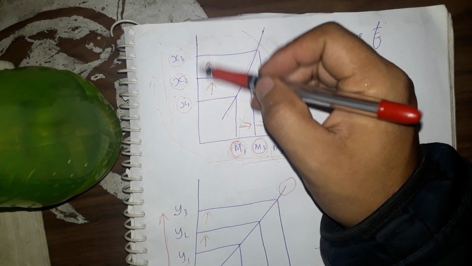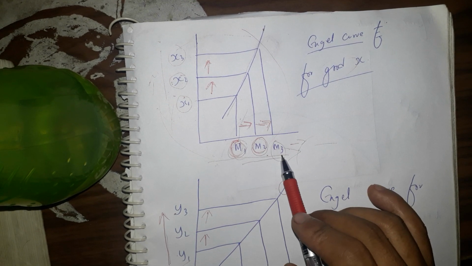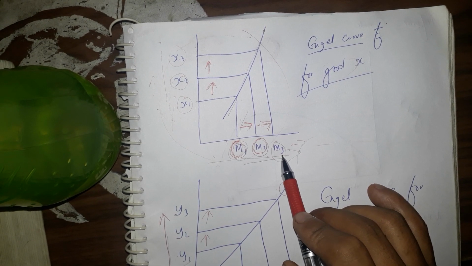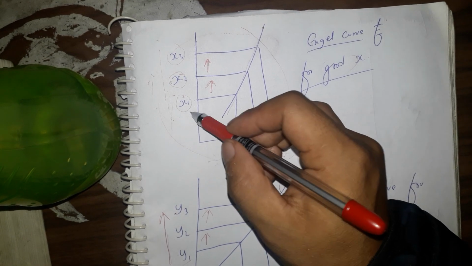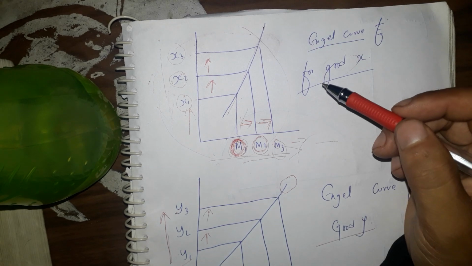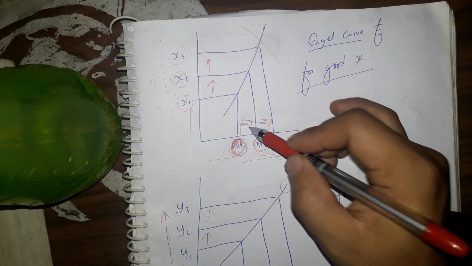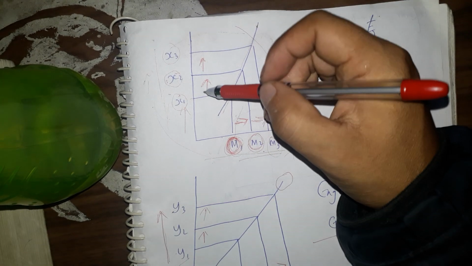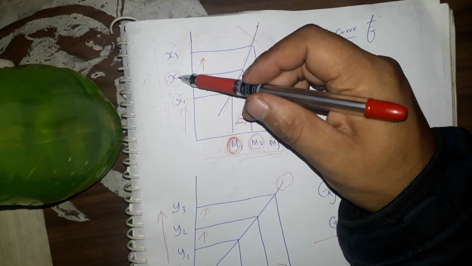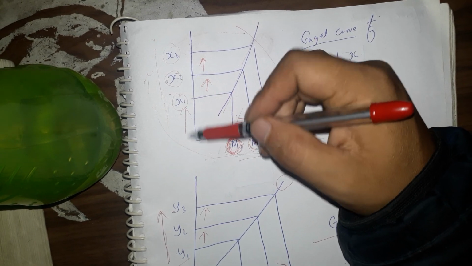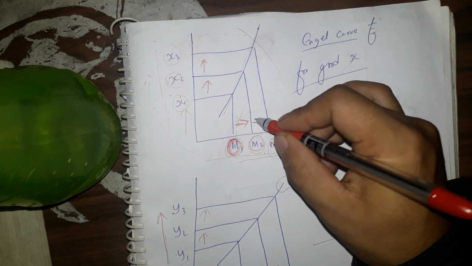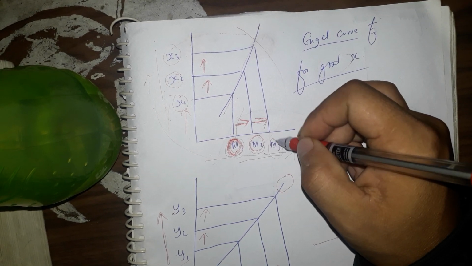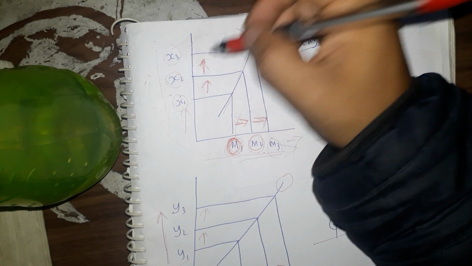On this axis we are measuring different quantities of good X, and on this axis different levels of income. Initially at income level M1, a consumer is consuming X1 unit of good X. As his income increases from M1 to M2, he is consuming more units, from OX1 to OX2. Similarly, if his income further increases from M2 to M3, he will be consuming more units, X3.